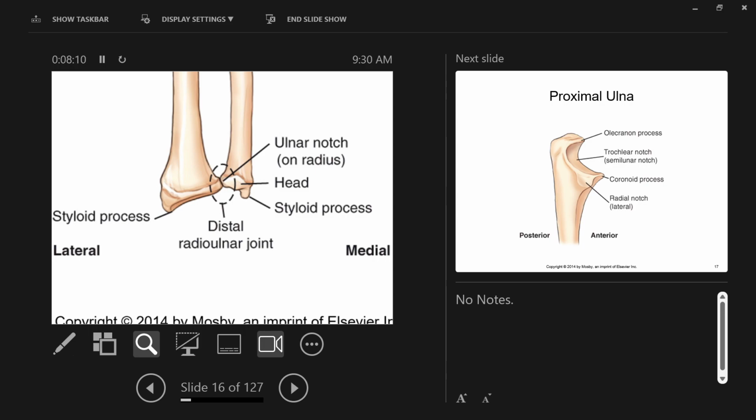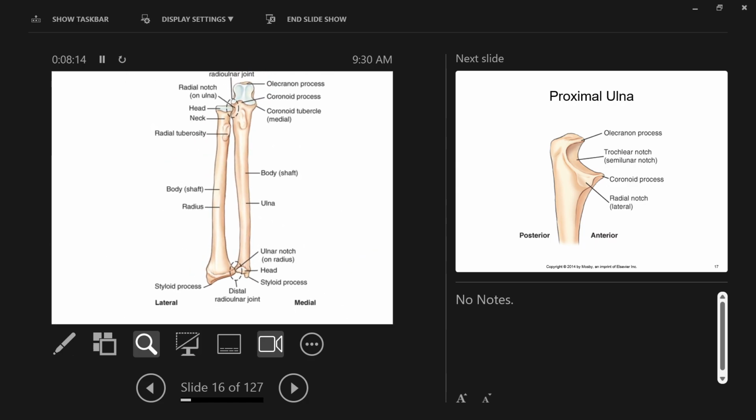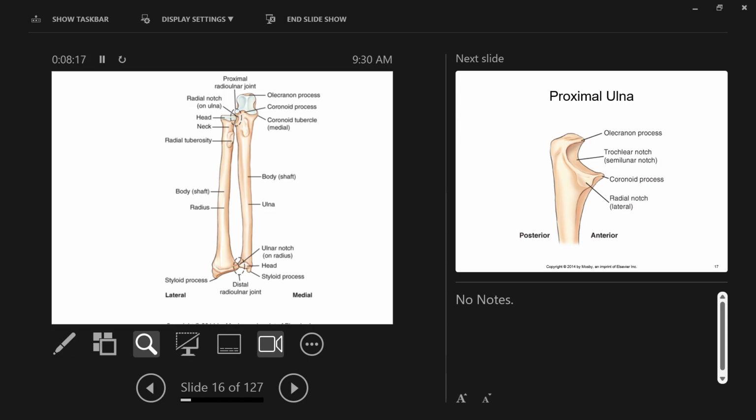Let me zoom back out here and give better names to these things because these are going to come up. The length of the bone, what makes up most of the length of the shaft of the bone, what they're calling the body or the shaft, I'm going to call, and it's more correct to call, the diaphysis.